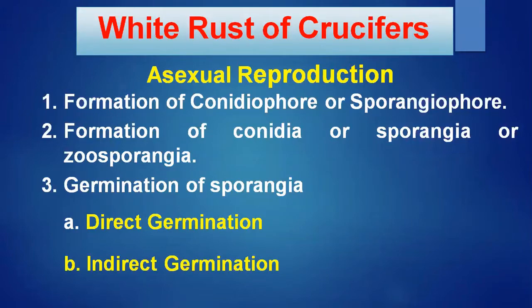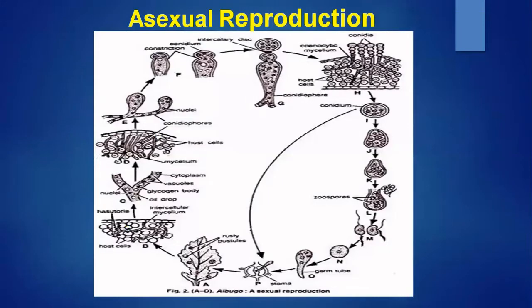This is the host leaf, and through the stomata, the pathogen enters into the host tissue and starts developing. The mycelium grows between the host cells, and it develops a mat-like structure below the lower epidermis of the leaf.